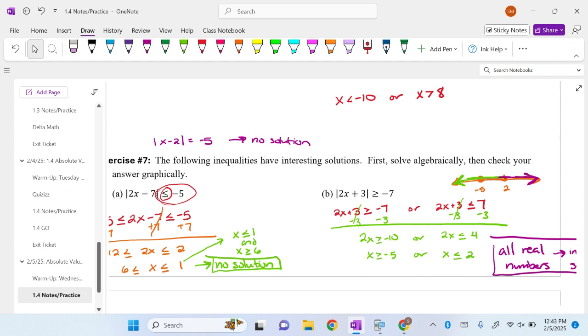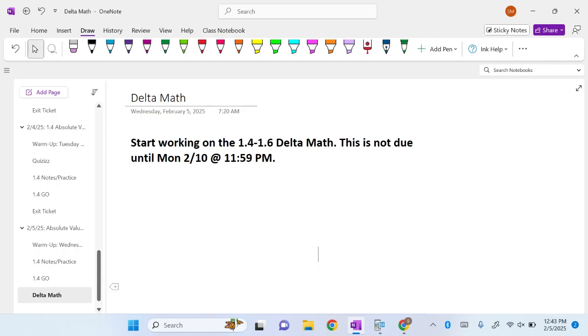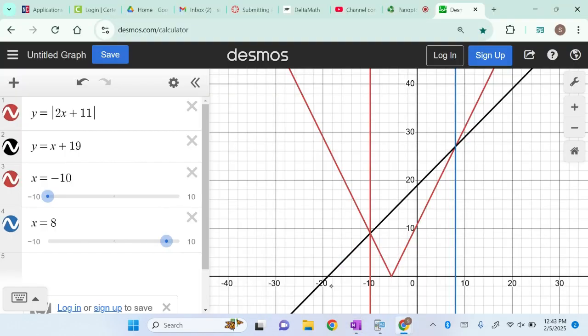All right, so we're going to stop there today. We'll fill in the last little bit of your graphic organizer first thing tomorrow, but you do have enough information to at least get started on Delta Math. So, your Delta Math for today is a combination of lessons 1.4 through 1.6. So, you're not going to be able to get it all done, obviously.